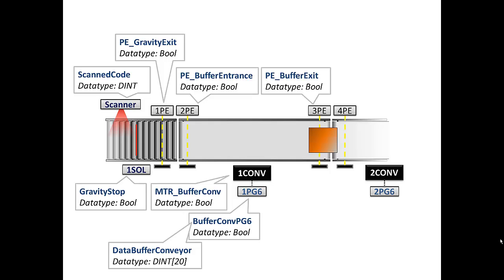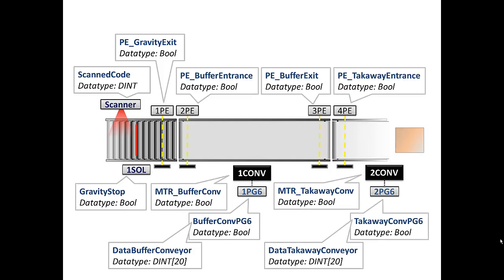Okay, once we are ready to send cartons out, of course the buffer exit photo eye is blocked right now, but as we pull them away, we break the beam of 4PE, which is PE takeaway entrance, or the takeaway entrance photo eye, also a Boolean data type.